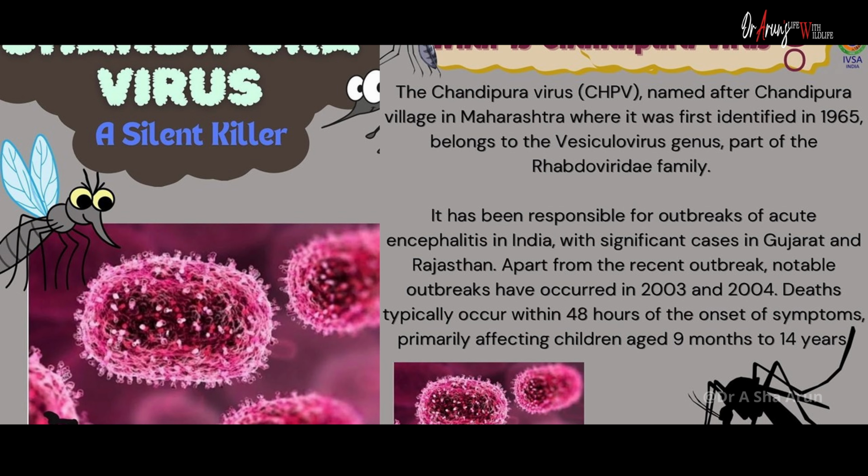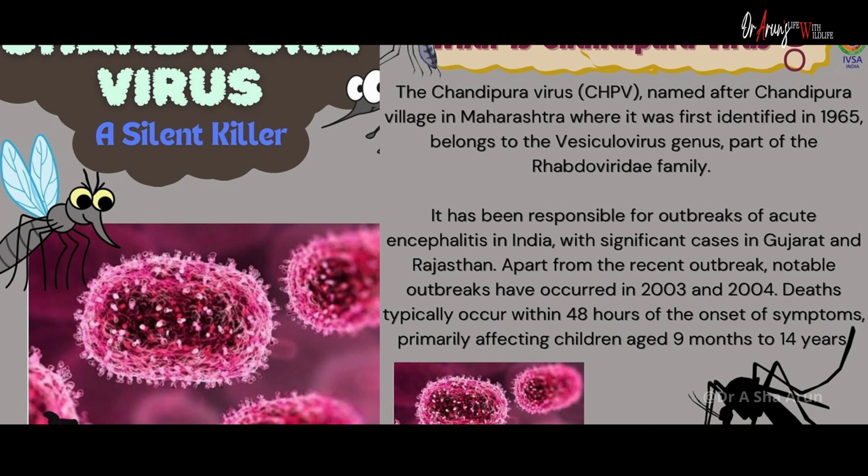The third one is the Chandipura virus outbreak in Gujarat. Many of us may not even be aware of this, but since June 2024, Gujarat has faced an outbreak of the Chandipura virus, resulting in at least 38 deaths, predominantly among children.